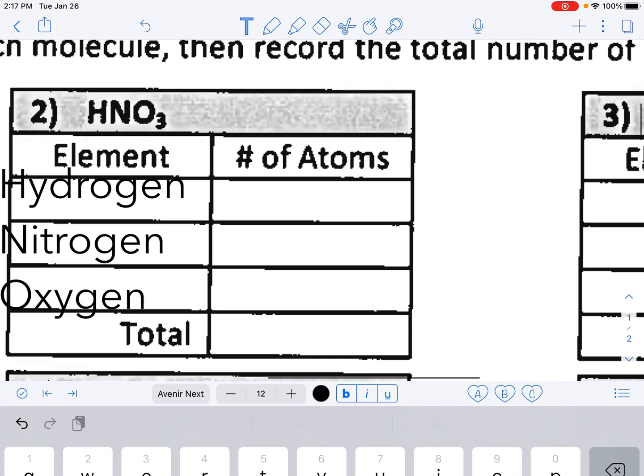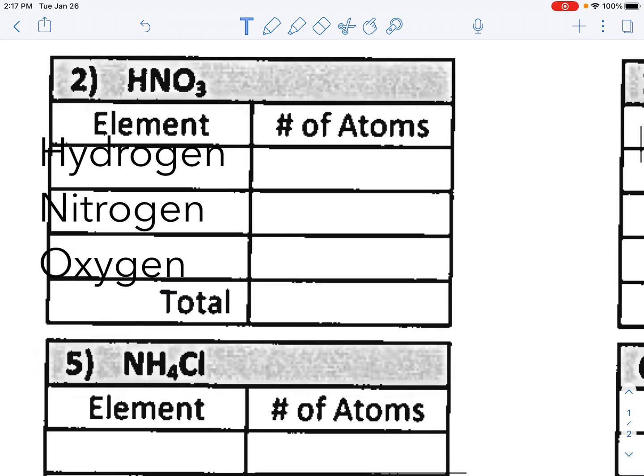So when I look at the subscript, I have 3 oxygens. Everything else is going to be 1 because there's no subscript, but the oxygen has 3, so I put a 3 there.